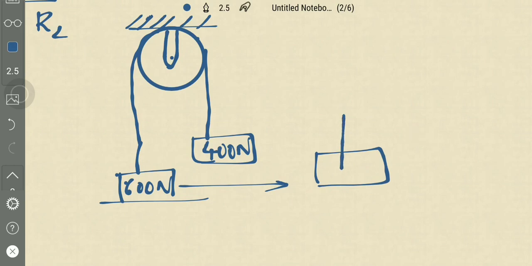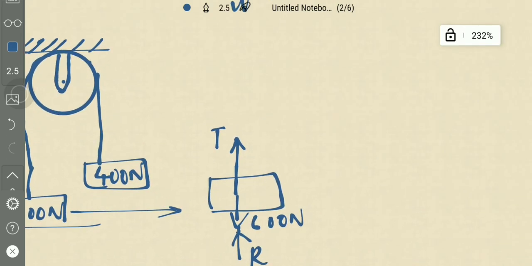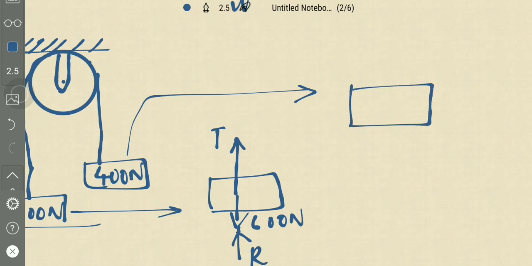There is a tension T which is upwards, and there is weight 600 newtons downwards, and there is also reaction R from the floor. If you consider the 400 Newton body, there is a tension T upwards and 400 Newton downward force.